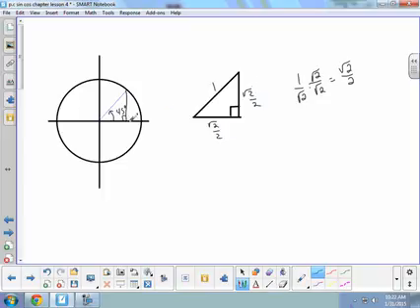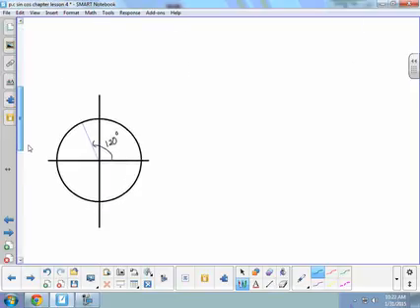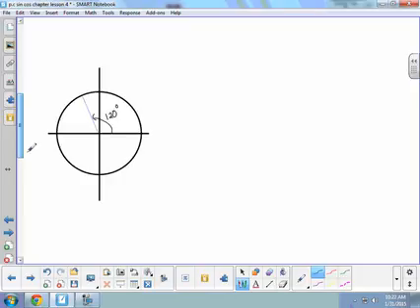So that means I'm going right radical 2 over 2, which would give me my x coordinate. And I'm going up radical 2 over 2, which is going to give me my y coordinate. Hey, we found another point on the graph.